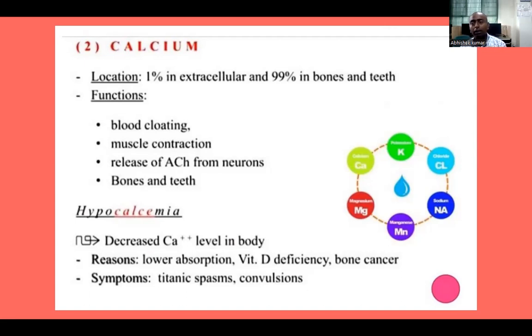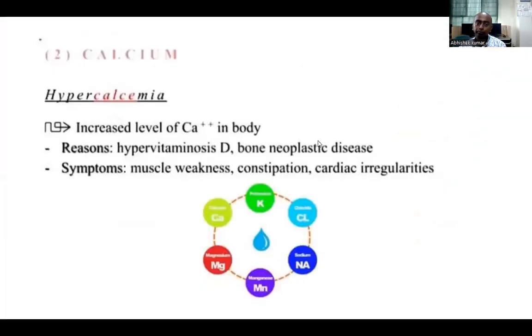Hypocalcemia is a disorder when the calcium level of the body decreases. Hypercalcemia is a disorder when the calcium level increases.